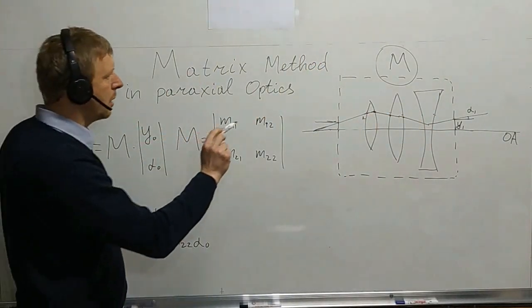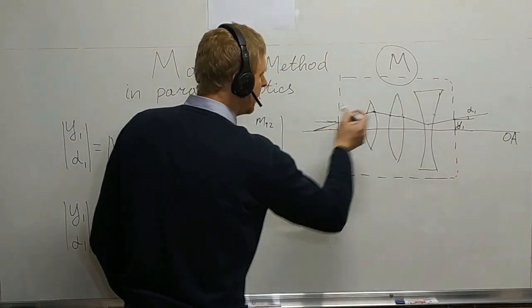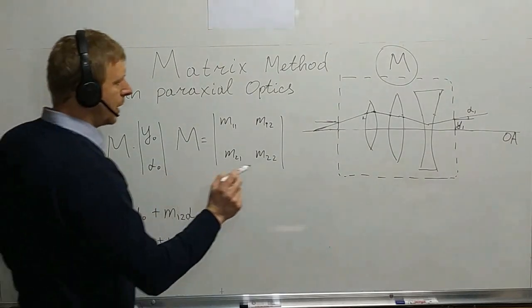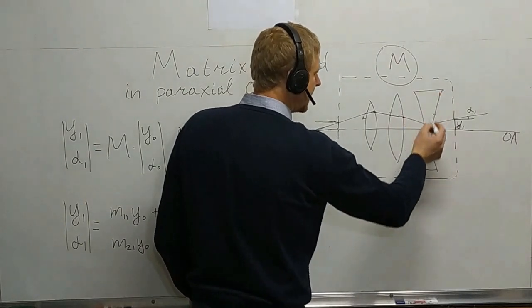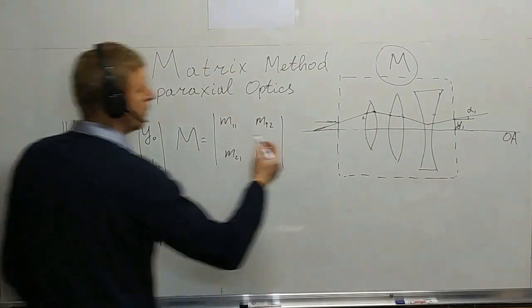Of course, we will come shortly to that point, how we will multiply those matrices. But now we will start to define the matrix for the simplest case, for example, for one refraction or one translation.